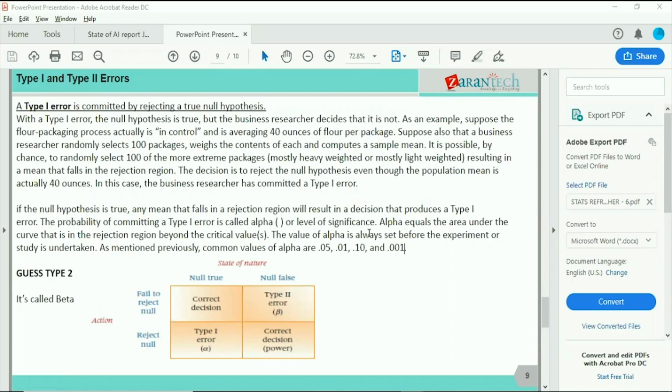Opposite. It's kind of false. Still, we had to categorize them as type 1 and type 2. Why do you think we had to categorize them? We had to categorize them because in different situations, different things hurt a business. In some scenarios, your type 1 error will hurt the business. In some scenarios, type 2 error will hurt the business.